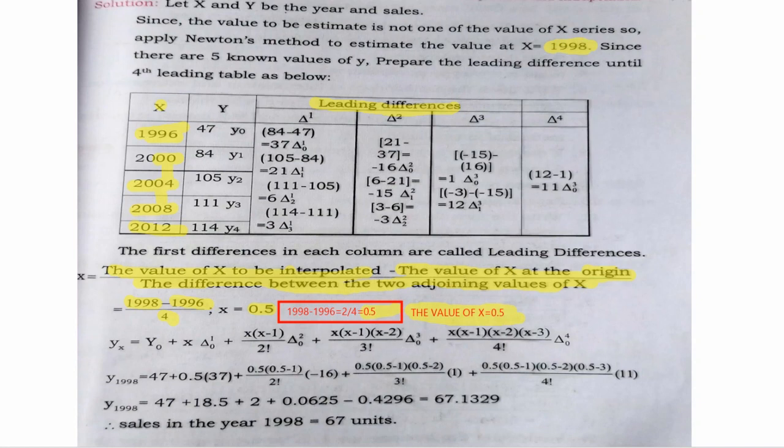Got it? Next, I think I have already told you the expansion of y to the power of n, or y of x: y of x is equal to y0 plus x delta naught to the power of 1 plus x into (x minus 1) divided by 2 factorial delta naught to the power of 2 plus x into (x minus 1)(x minus 2) divided by 3 factorial delta naught to the power of 3 plus x(x minus 1)(x minus 2)(x minus 3) divided by 4 factorial delta naught to the power of 4.